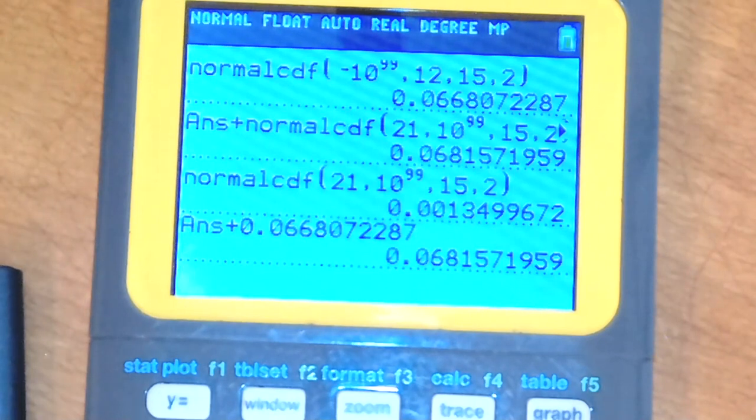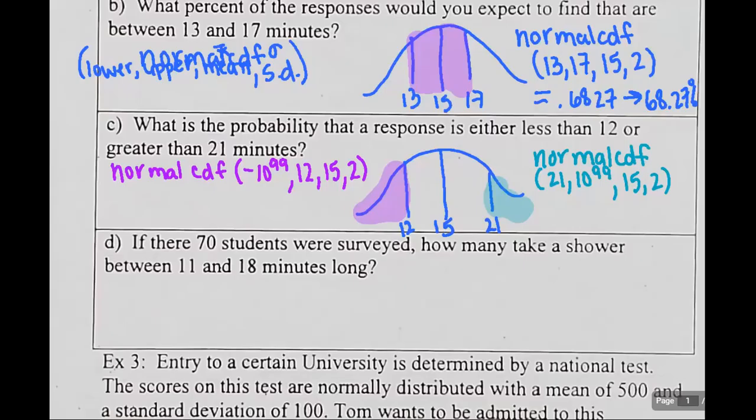So let me just jot these onto my paper. Okay. So this one here was 0.0668. We're going to do 4 numbers after the decimal accuracy. This one here is 0.0013.